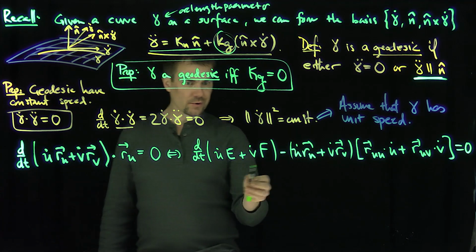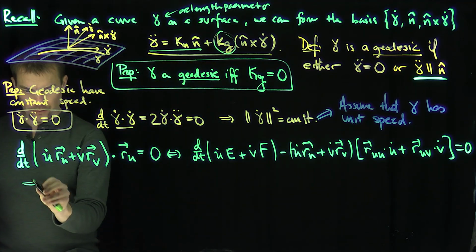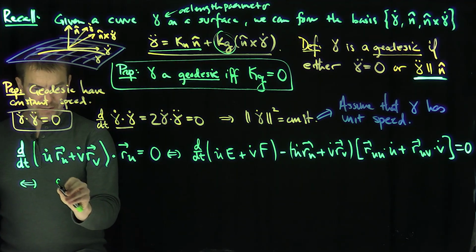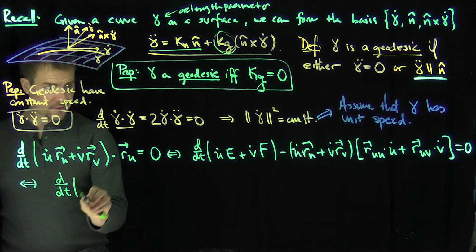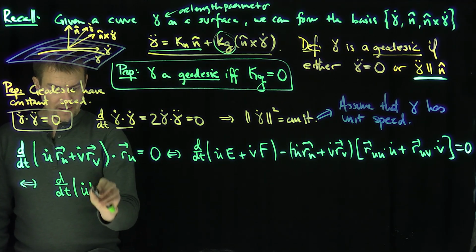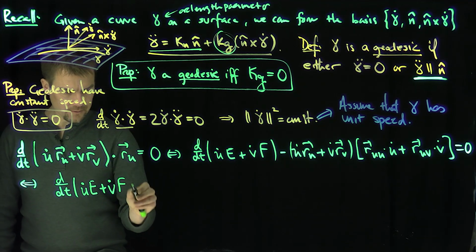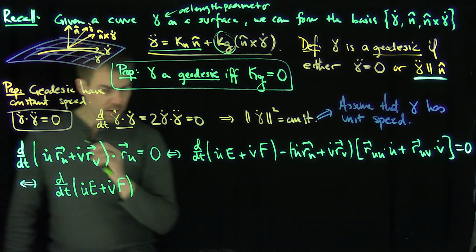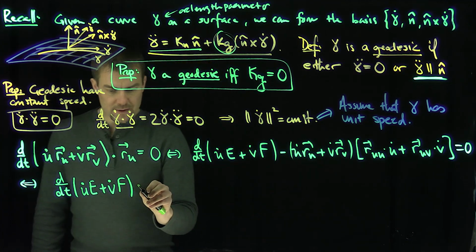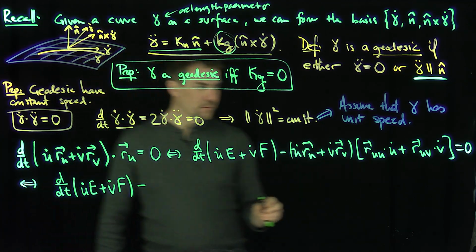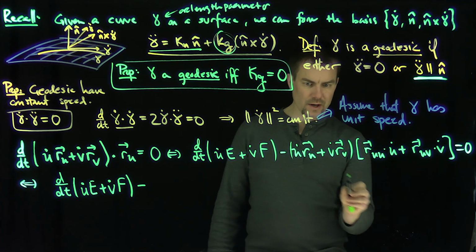Let's look up those expressions over here. So this tells me this is if and only if d by dt of u dot e plus v dot f is equal to what? The minus, of course, minus u dot squared.